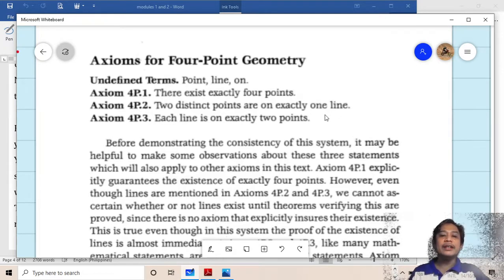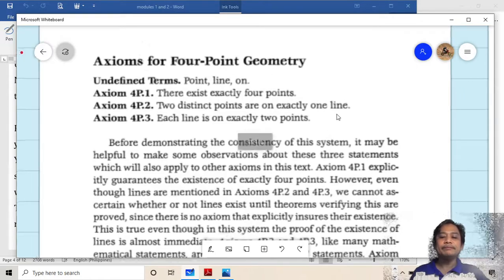The third and last axiom in the 4-point geometry says each line is on exactly 2 points. Meaning, if there is a line, then there should be exactly 2 points on it. Okay? So we would really have to understand each statement by heart so that we can use them later.